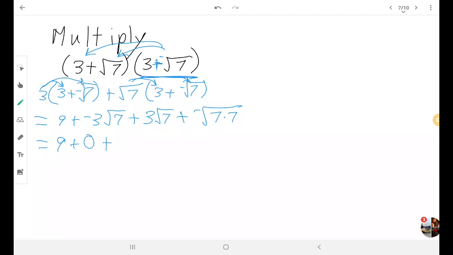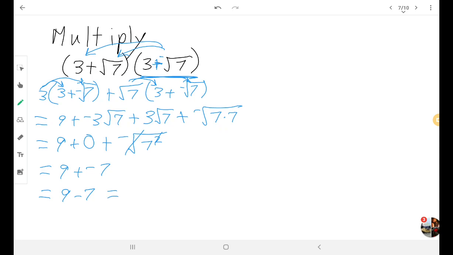Plus the negative of the square root of 7 times 7, which is 7 squared, which equals 9 plus 0 is still 9, plus negative, and then the square root cancels the square and leaves me with 7. So I have 9 plus negative 7, which I could also look at as 9 minus 7.